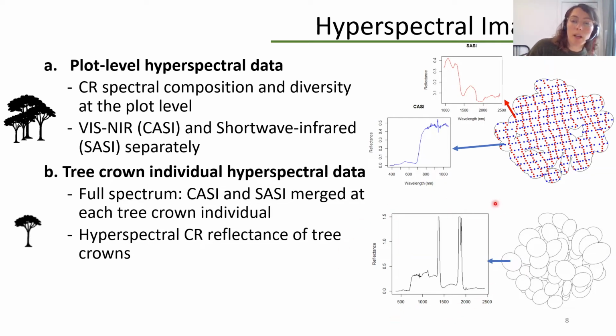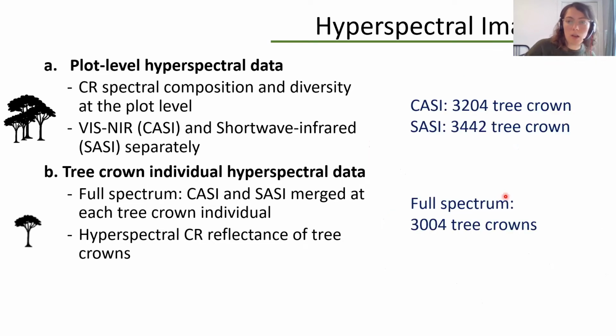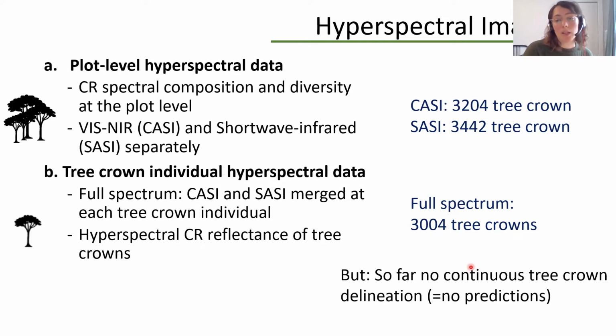But we have to keep in mind not all crowns were covered by SASI and CASI points. Therefore, this is of course a reduction of the field data. And we also have to keep in mind that we don't have continuous tree crown delineations. We only have these for the field plots, so we cannot use the second data set yet for predictions.